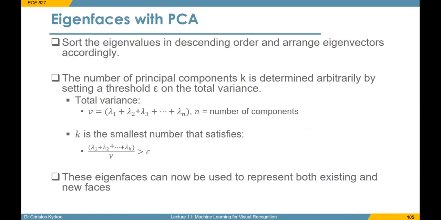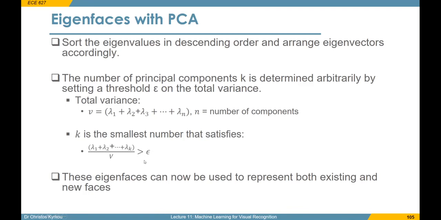Once we have the eigenvalues and the eigenvectors, we sort them in descending order, and we select a number of principal components k so that the lost variance is not more than an error epsilon that we select.